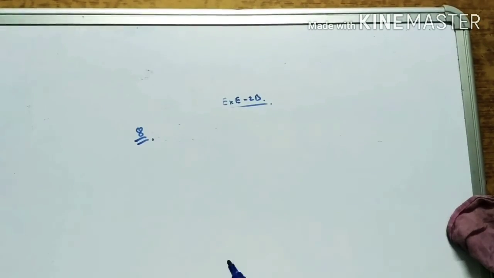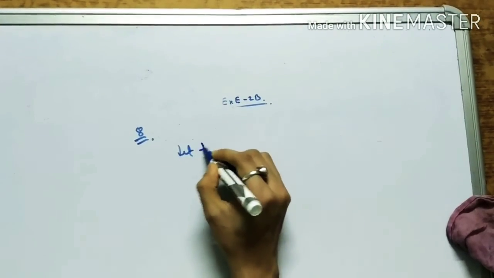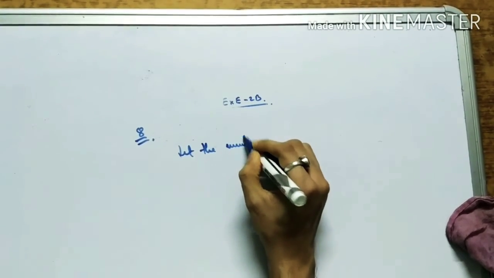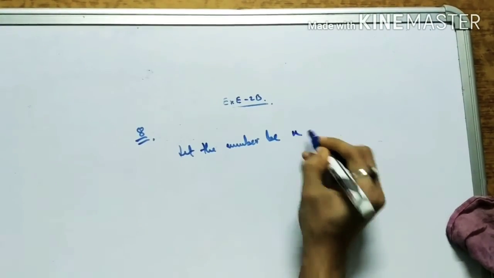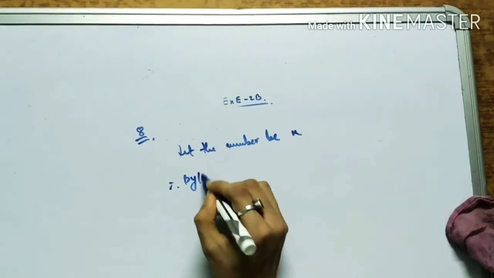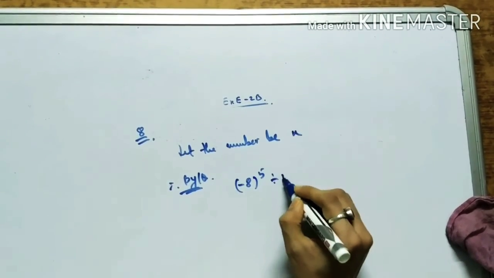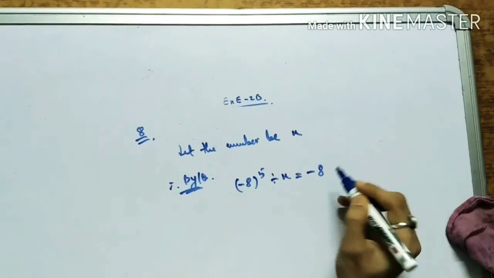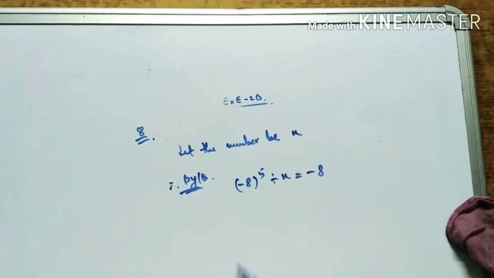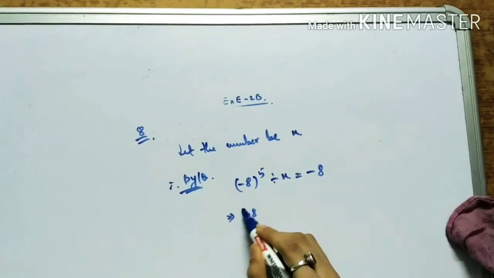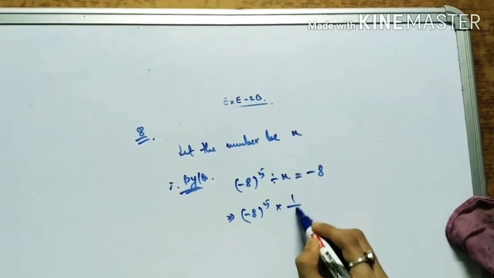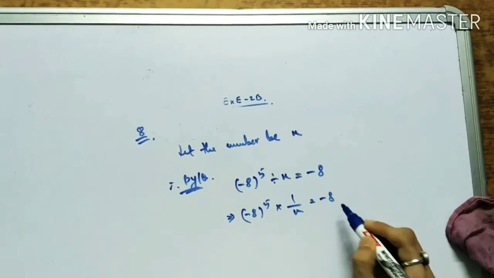So here you can do that, let the number be x. Therefore by quotient you can write minus 8 to the power 5 divided by x is equal to minus 8. So this will become minus 8 to the power 5 into 1 by x is equal to minus 8.